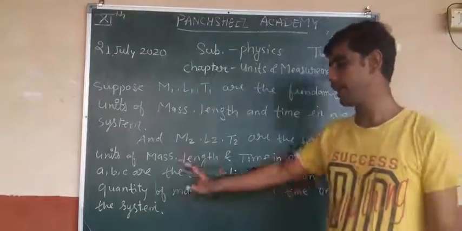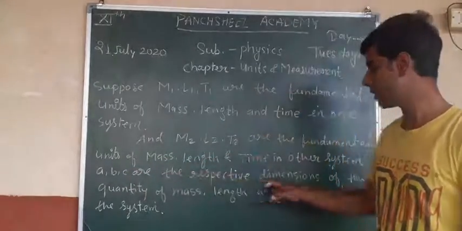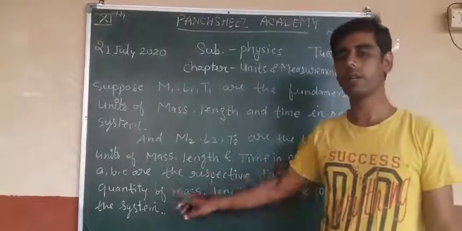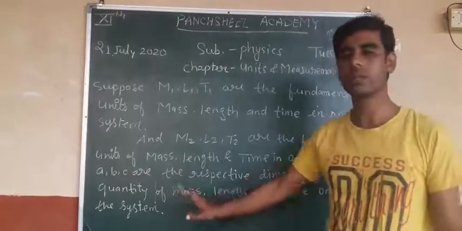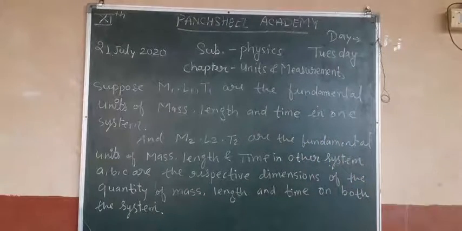And small a, small b, small c are the respective dimensions of the quantity in mass, length and time in both systems.